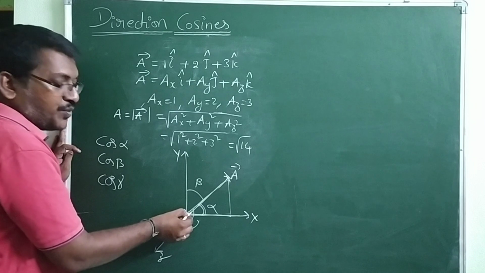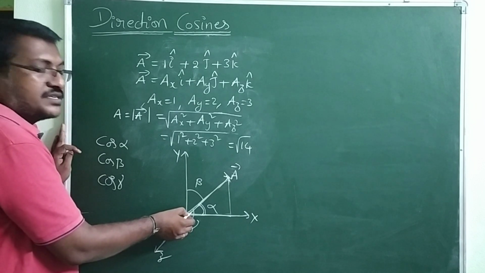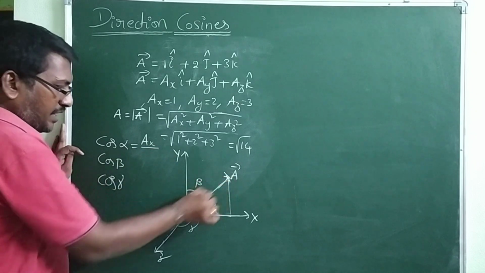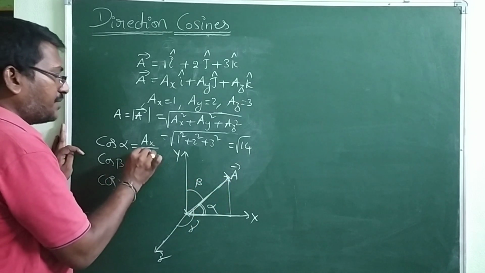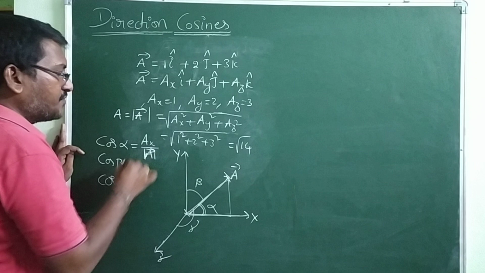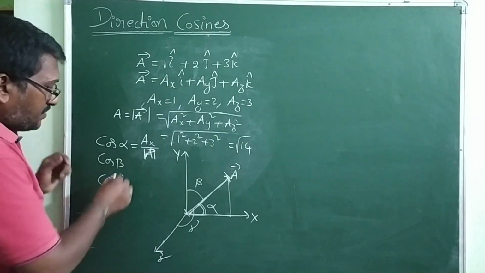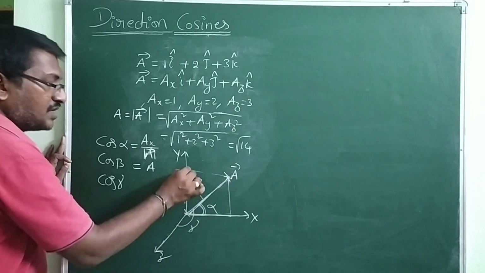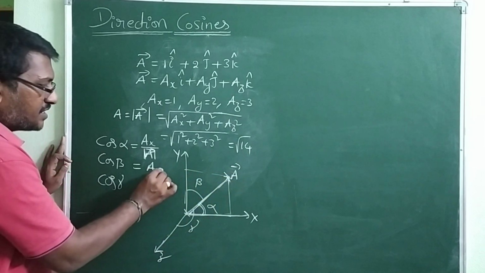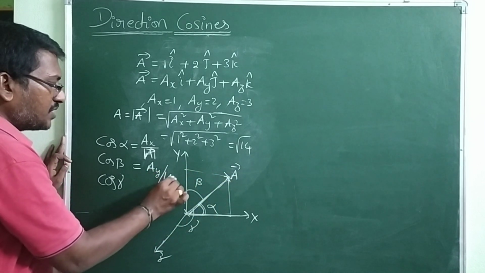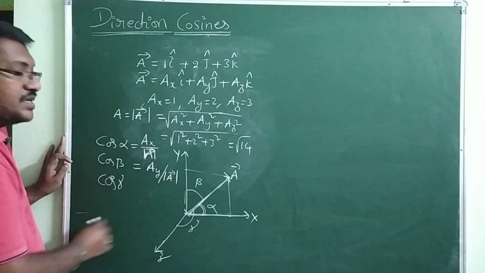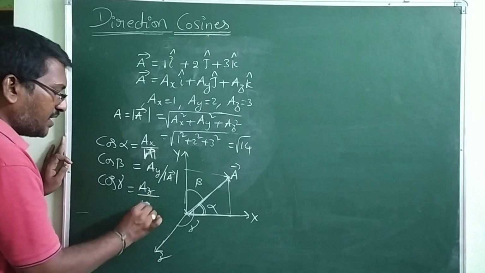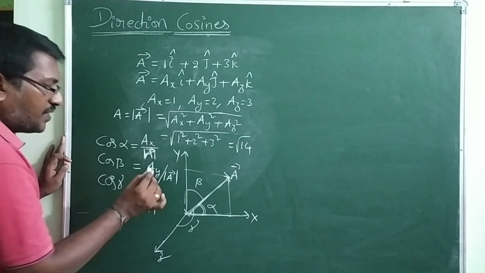Adjacent means here component along the x-axis. That means we can take cos alpha is equal to ax by A. A means simply can write as modulus of A bar. Similarly, cos beta is equal to, from this triangle, ay by modulus of A bar. Similarly, cos gamma equal to az by modulus of A bar.